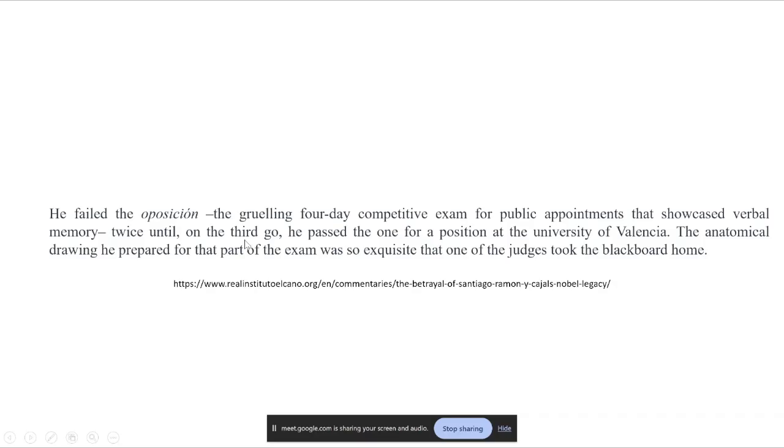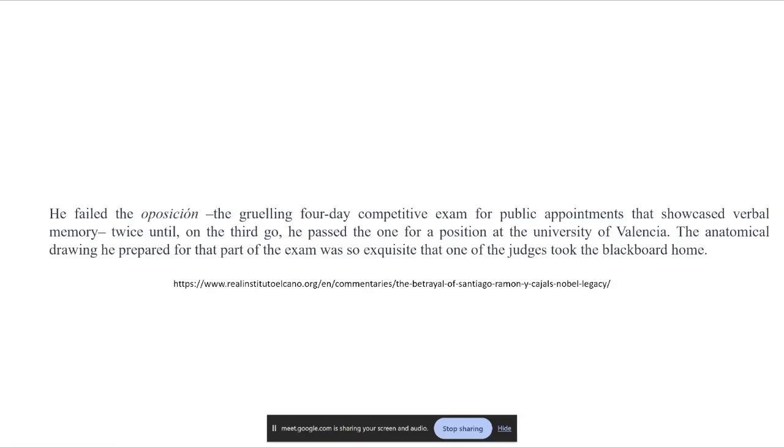And then later, when he wanted to join for a position in university, he failed. At that time there was this competitive exam called the opposition, and he failed that twice.